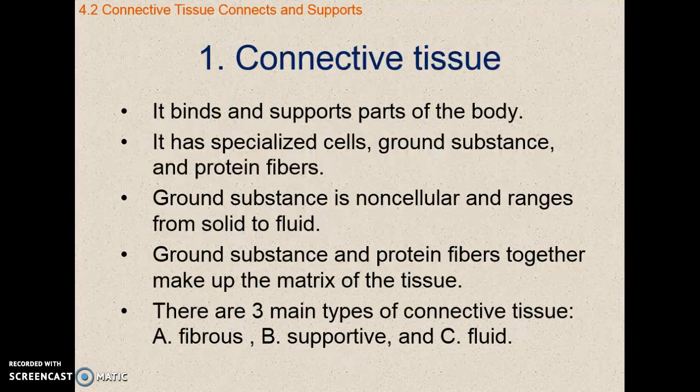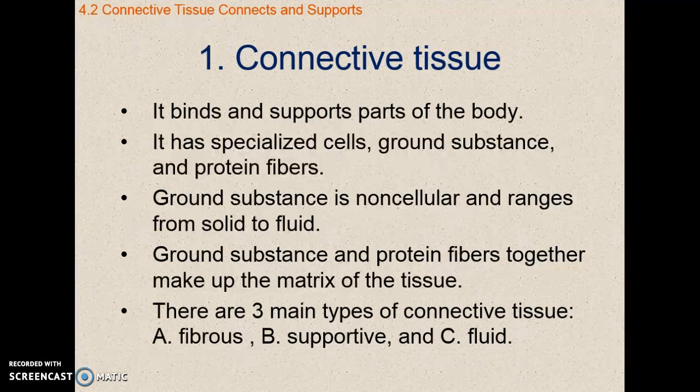And that's really going to be what's going to act as its ability to connect material. And then it's going to be composed of different protein fibers. All right, so that ground substance is non-cellular, and it ranges from solid to fluid in terms of its overall composition.